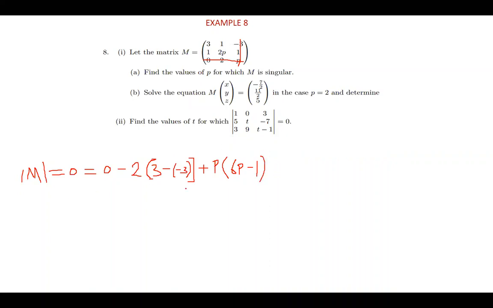Yeah, so now here is just a matter of simplifying the expression. So this is going to be negative 2 there, and then open brackets. So this minus negative 3, we're going to get 6. And then P times 6P, we'll get 6P squared.